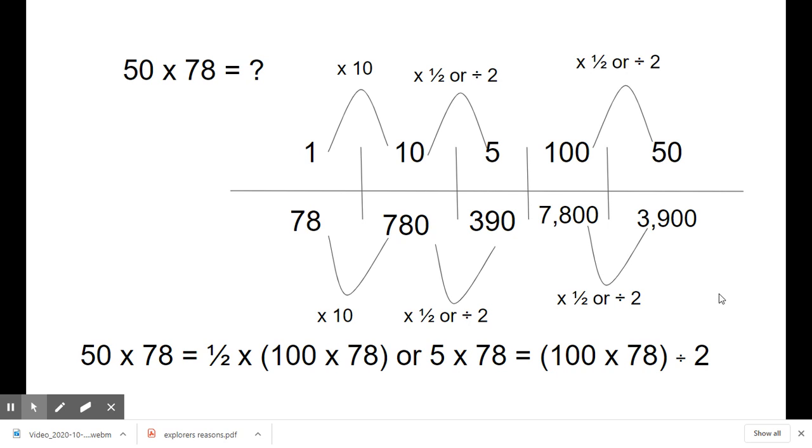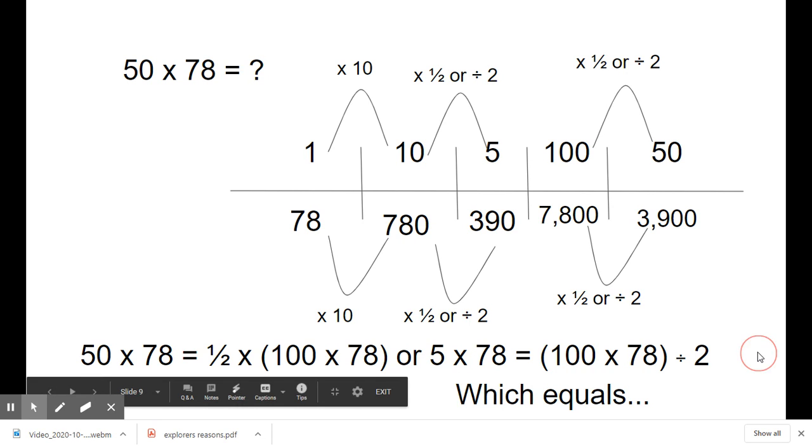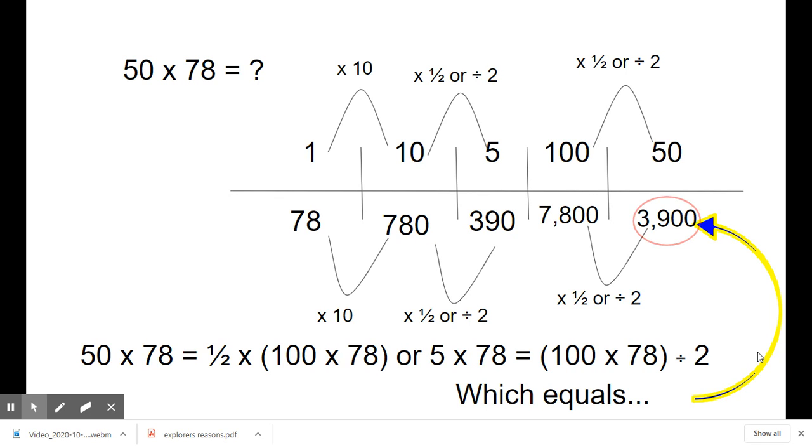Here's my equation. 50 times 78 equals the same as 1/2 times, parenthesis, 100 times 78, or 50 times 78 equals 100 times 78 divided by 2, which equals 3,900.